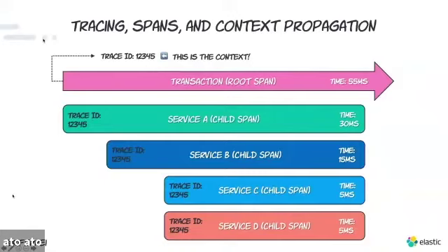But ultimately, what's your job as a distributed tracing developer? Propagate the context, right? Ricardo, what happens if you don't propagate the context? You're going to have blind spots, right?